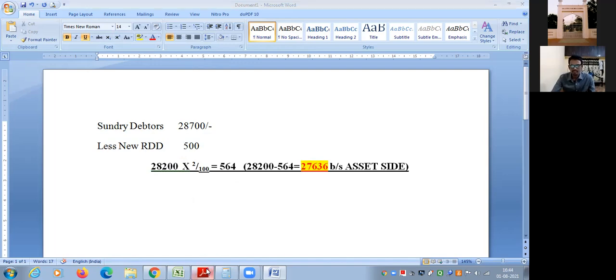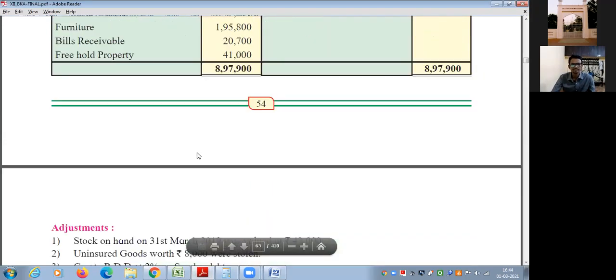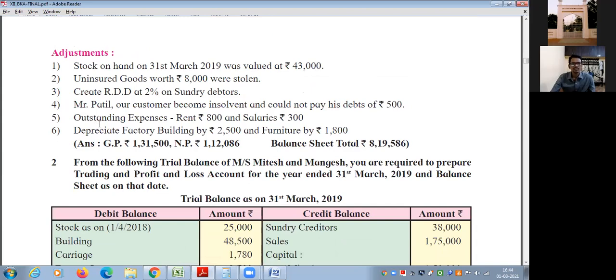Now coming to the next adjustment, adjustment number 5: outstanding expenses, rent rupees 800 and salary rupees 300. Students, when we studied the adjustments and their two effects, I clearly explained that whenever we have outstanding expenses, we have to add them with a plus sign. So we have to add this outstanding expense on rent and salary.